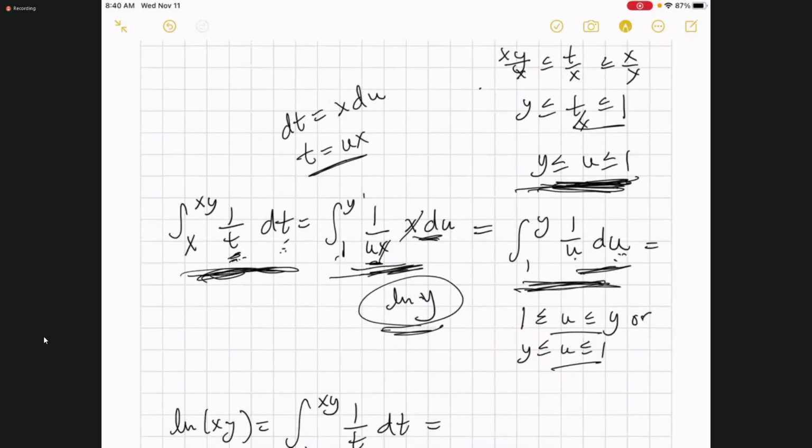So the integral of 1 over ux times x du is equal to that integral. The x's cancel out, and that leaves me with that integral. And that's what I wanted. That is ln of y, my definition.